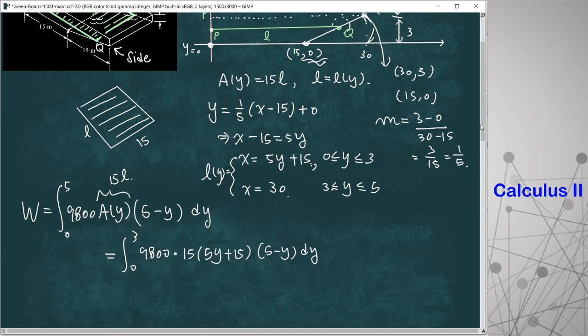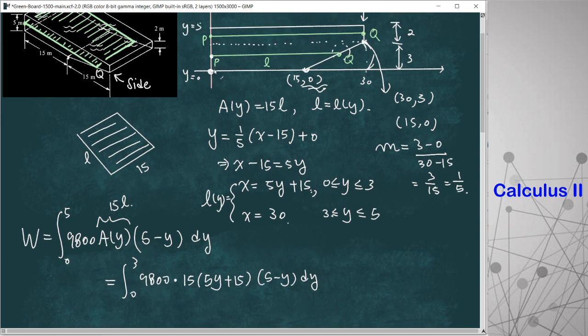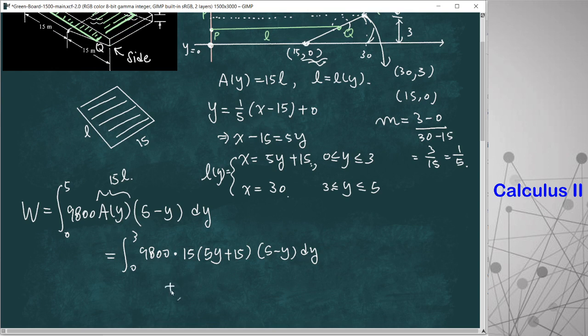So that's going to be the amount of work required to pump the water all the way up to 3 meters above. And the rest of the part will be the integral beginning with a slice of water at location 3 all the way up to 5, which will be 9,800 multiplied by 15 times L. This time L is always fixed at 30, so you switch to just the constant function 30, times 5 minus y, dy.